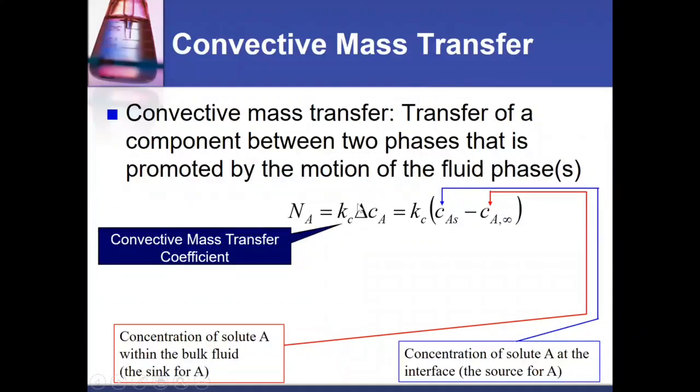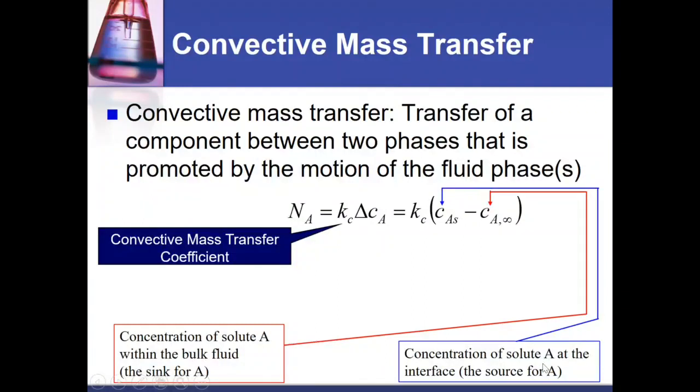Of course, the concentration gradient should be there, otherwise there will be no mass transfer. And if we know that the concentration gradient is like this, CAS minus CA infinity, where CA infinity is the concentration of A in the bulk fluid, far away from the interface, or we call it the sink for A, or it could be the source, depending on the flux direction.